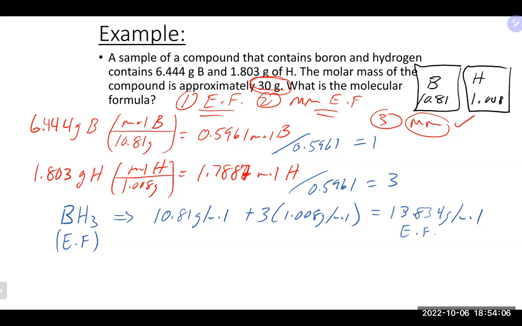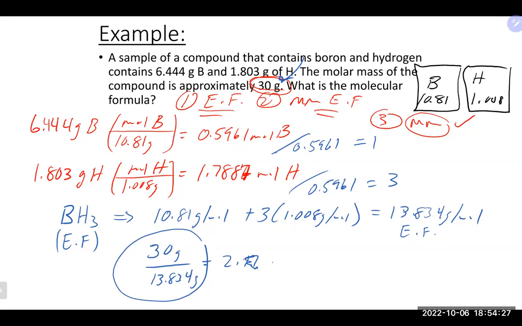So what we do is take the approximate molar mass that was given to us, which is 30, and divide it by 13.834. In this case, we end up with something like 2.17. At this step, it is safe to round to the nearest whole number because it should be a whole number multiple.